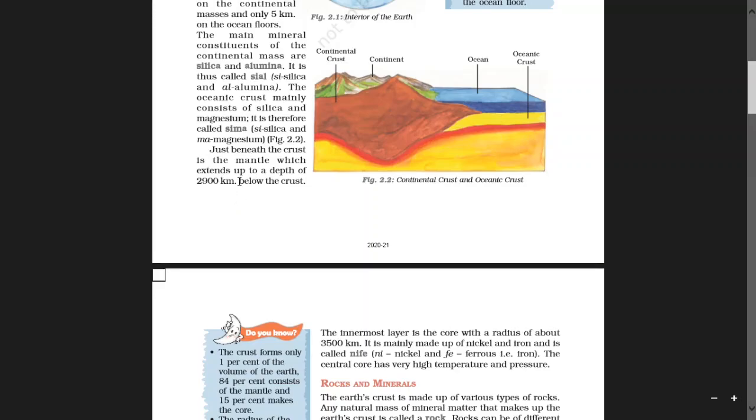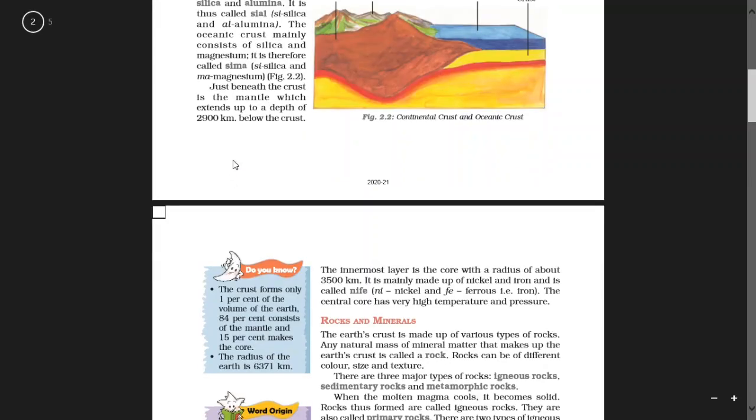See here the diagram which is given in this space, figure 2.1, interior of the earth, boys. Crust, you can see the topmost layer, the lithosphere, is present on the crust. Then after that, the second layer is the mantle, yellow color. This yellowish color indicates the mantle layer. So just below the crust, this mantle extends up to a depth of 2,900 kilometers.